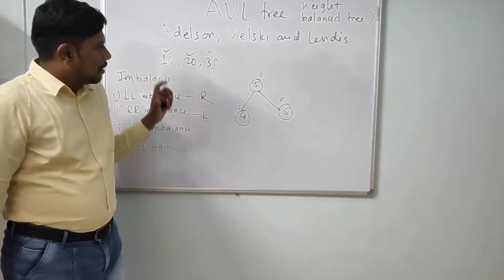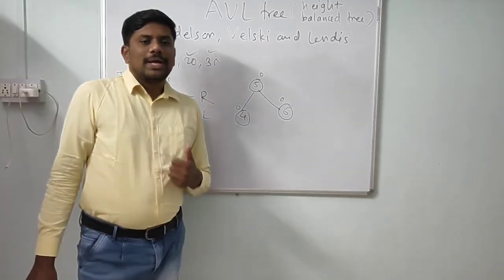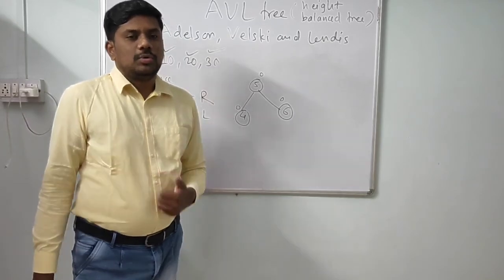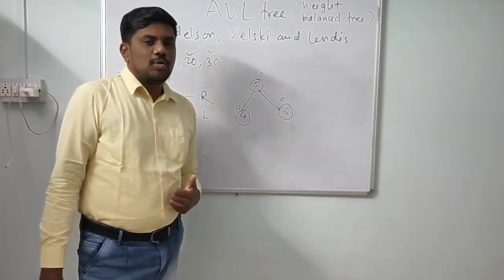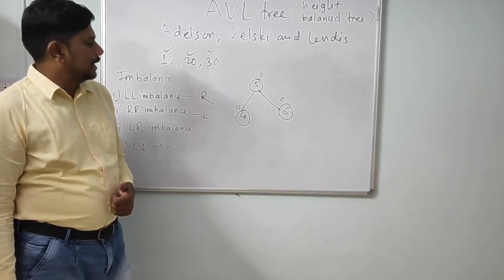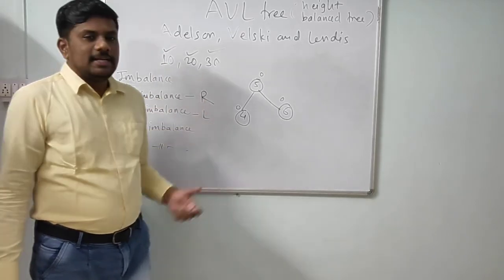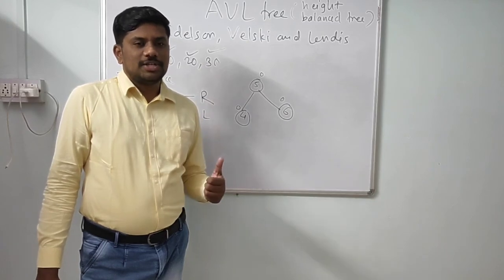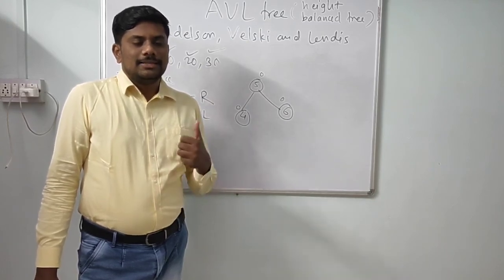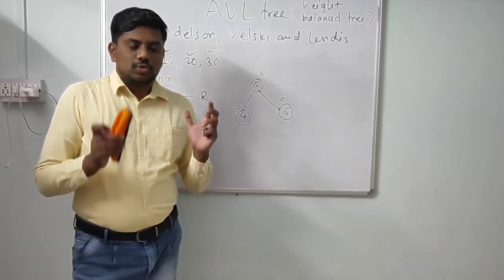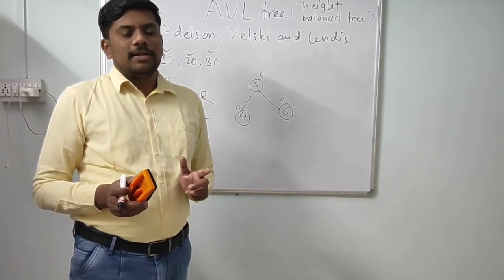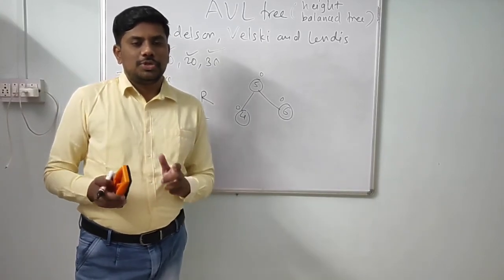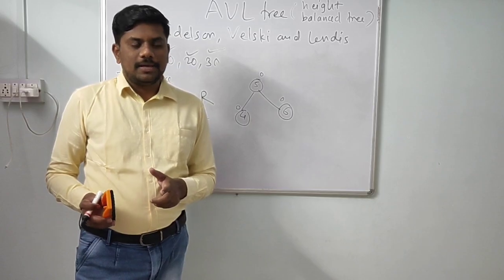So to get good complexity, or quick searching operation, we go for AVL tree. But AVL tree should have 2 properties. First, AVL tree should be a binary search tree, and second, there is the concept of balance factor. So the balance factor of every node in AVL tree should be either -1, 0 or +1.